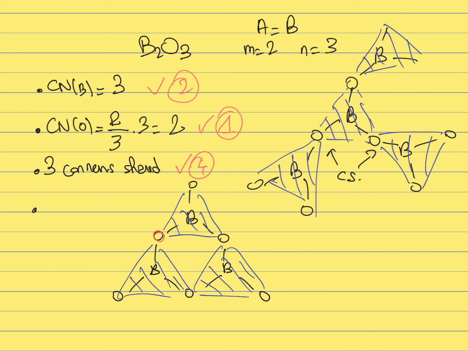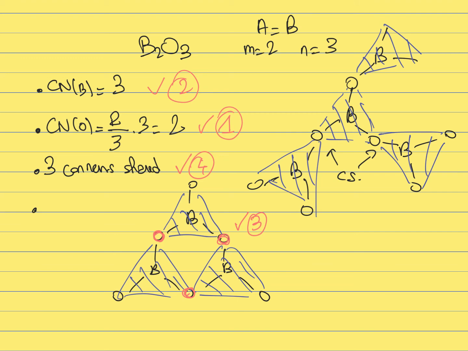Each pair of polyhedra that is connected to each other only shares 1 oxygen in common. They never share an edge, they never share a face. So indeed we can have only corner sharing structure, which means that the third Zachariasen rule is satisfied.